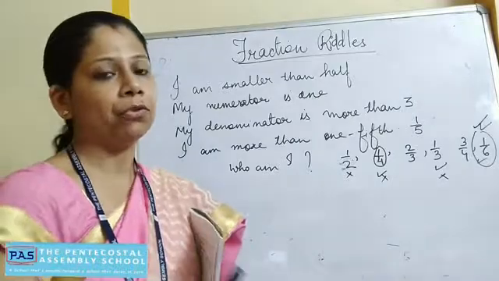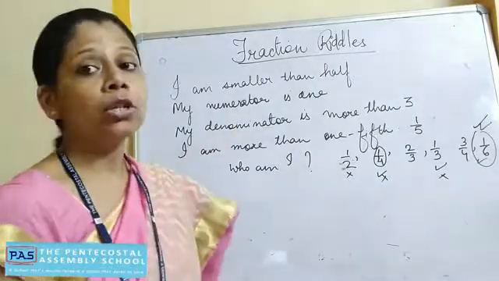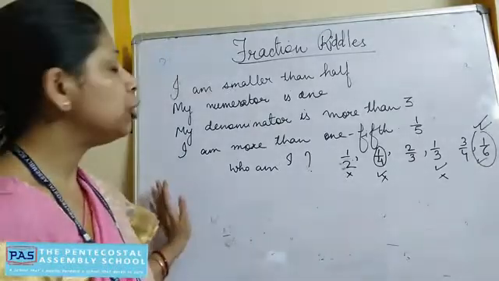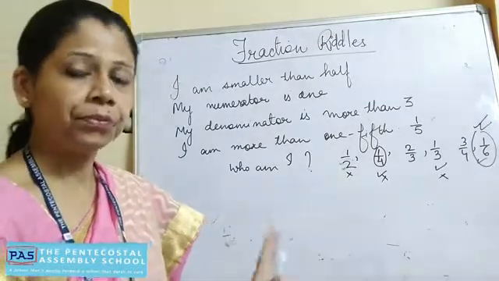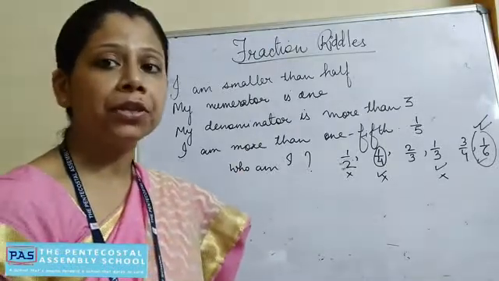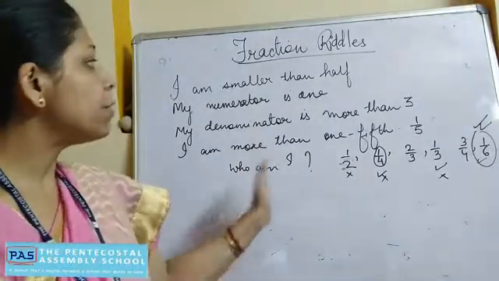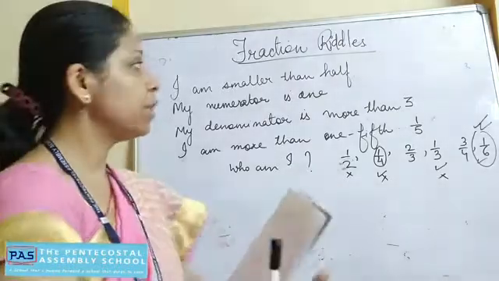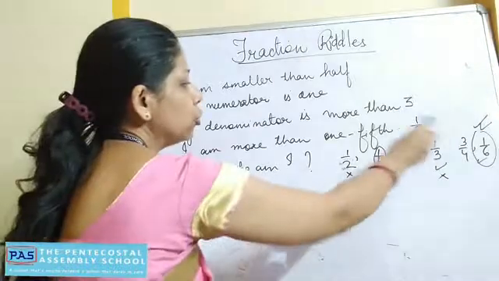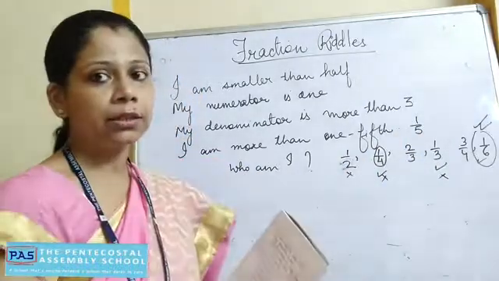Please listen to it carefully. I am smaller than half. The first clue is this. My numerator is 1. Second clue. Third is my denominator is more than 3. And fourth, I am more than 1/5. Okay, so we know what is half. It is 1/2. So out of these options, 1/2 cannot be the answer.